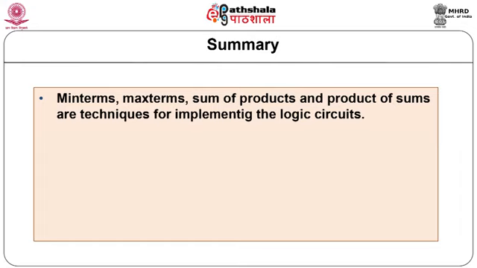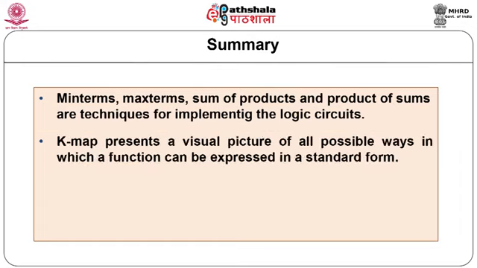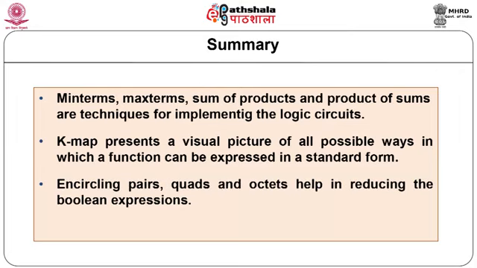One can have standard forms or canonical forms. K-map presents a visual picture of all possible ways in which a function can be expressed in standard form. Encircling pairs, chords and octets helps us in reducing the Boolean expressions. Thank you.